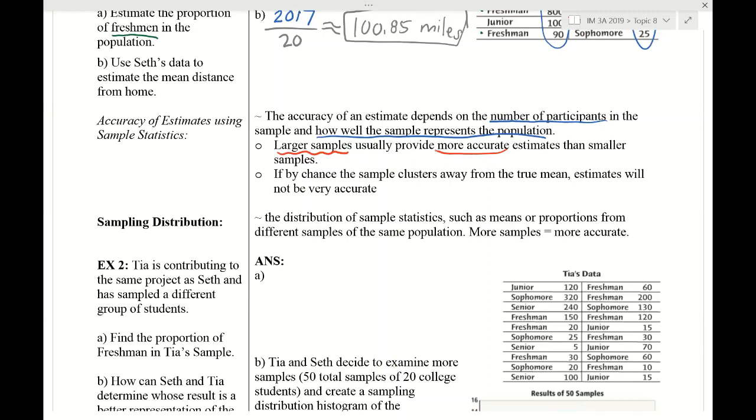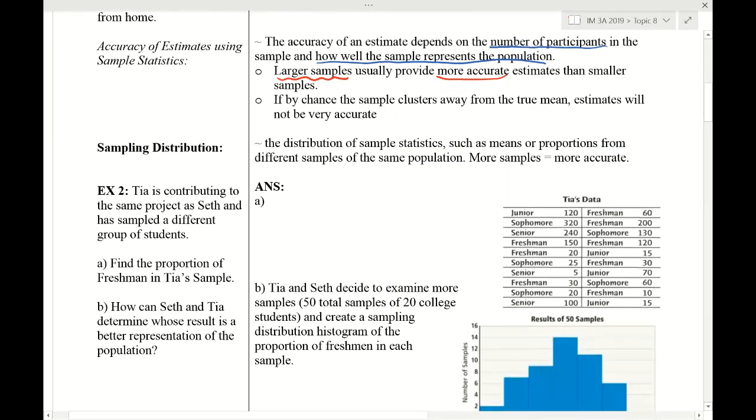So that's why something called a sampling distribution is a better way to collect data. This is collecting a variety of samples and then finding the averages of those samples. So it's the distribution of sample statistics, such as means or proportions, from different samples of the same population. The more samples that we take, the more accurate our results will become if we average those things together.